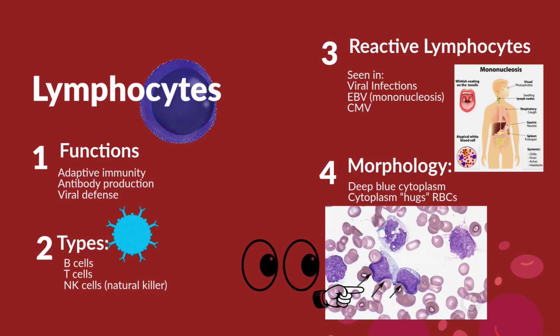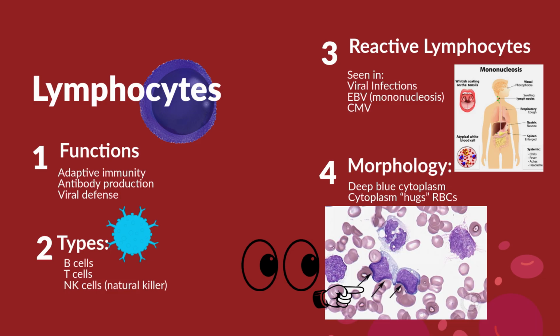Their major job for a lymphocyte is for viral defense, immune memory, and antibody production. Lymphocytes are one of the major white blood cells involved in the body's adaptive immune response. Think of lymphocytes as the memory and intelligence team of the immune system.